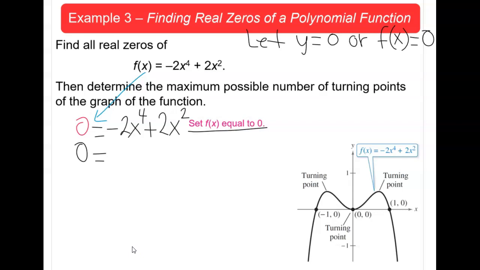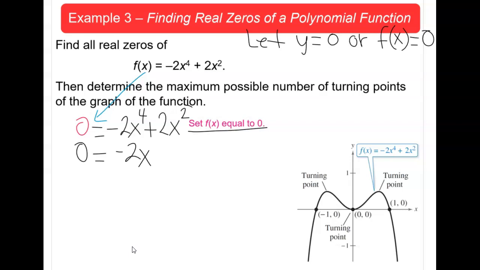And so what I want to do here is factor the greatest common factor, which is going to be x squared for the variable, but we could also factor a 2. Now, we could factor a 2 or a negative 2. Let's try with a negative 2.